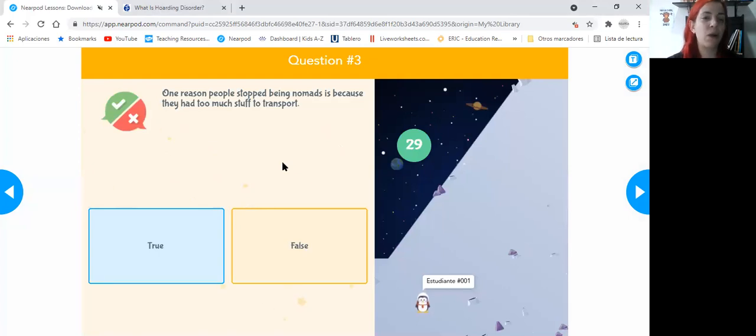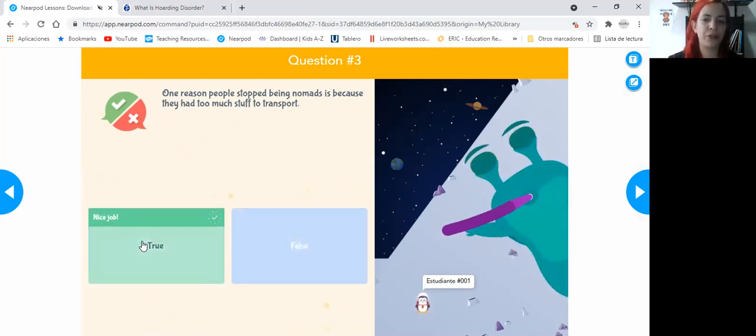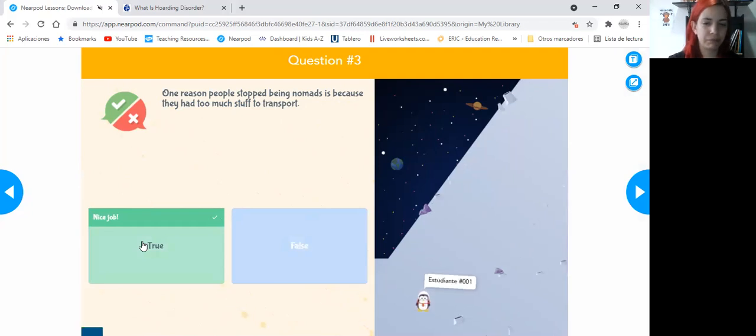All right. One reason people stop being nomads is because they have too much stuff to transport. Nomad: people who travel a lot and don't have a specific home. That's right, true. That's one of the reasons.